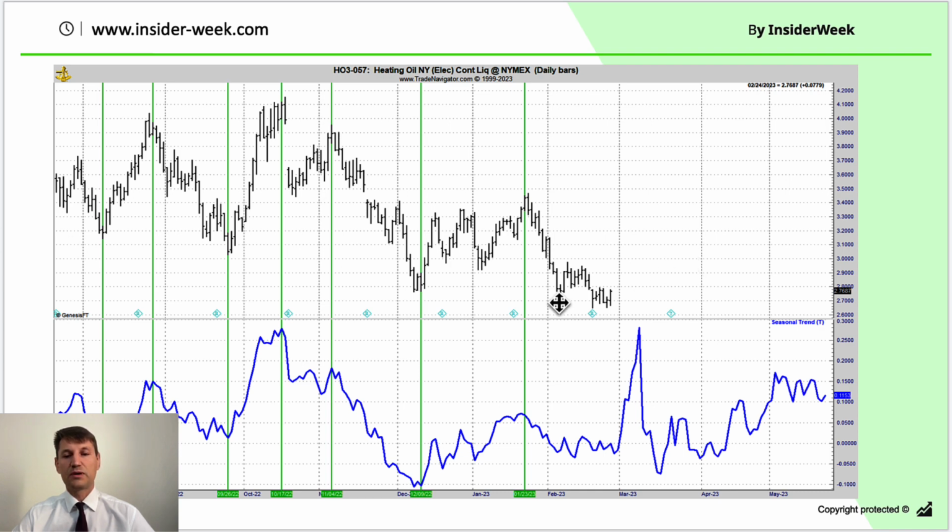If we see some weakness in the market and the price goes down under the low of this bar, which should be Friday from the week before, then we will see that the downward trend continues.